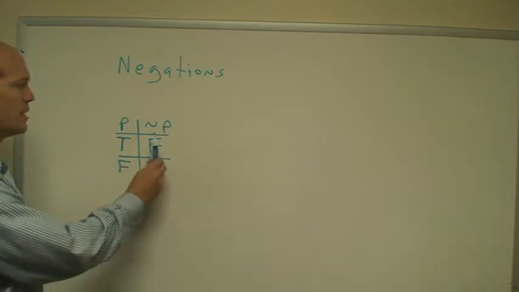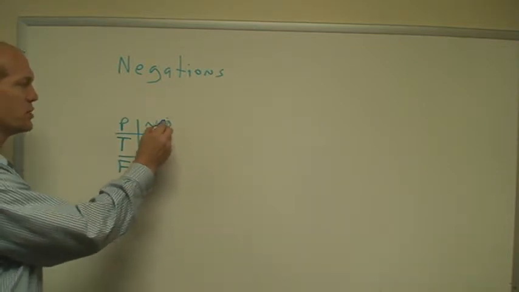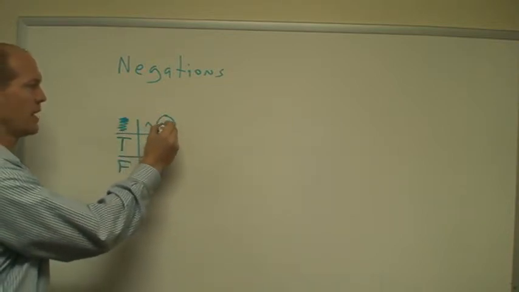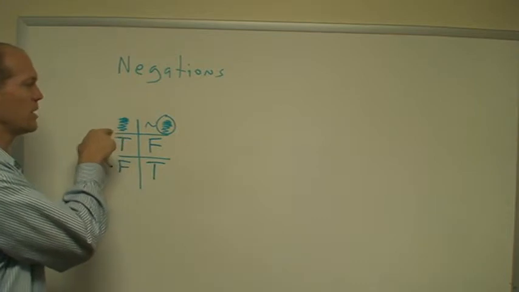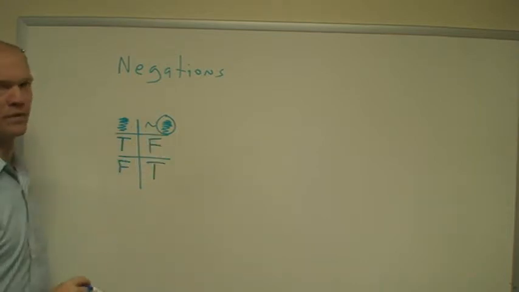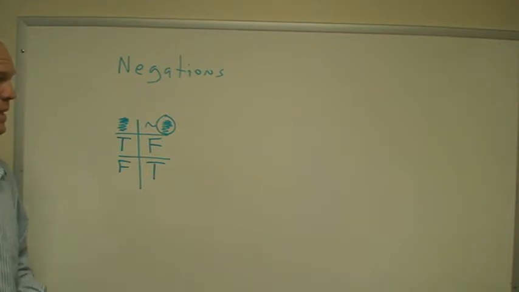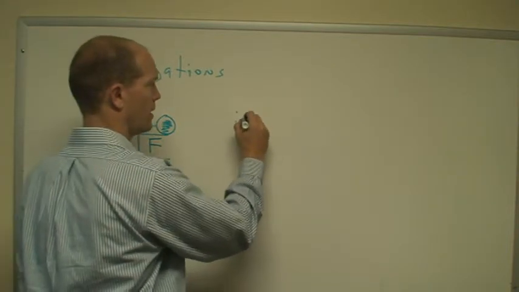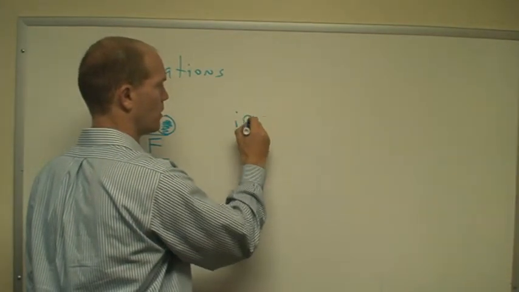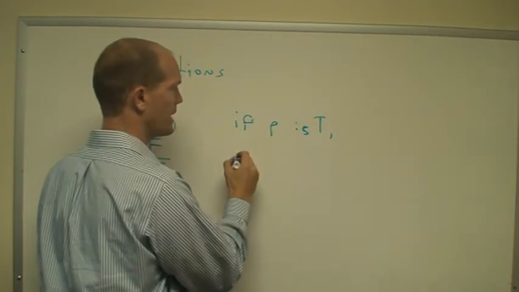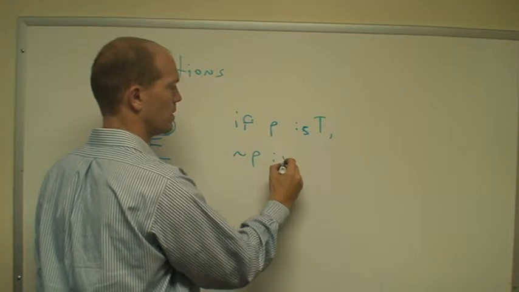Again, all I did was I negated whatever this statement here was representing. And I'll say it a slightly different way. Regardless of what this statement involves, the negation is going to give you the opposite truth value. Another way to look at this, and I'm going to write this down: if P is true, well, the negation of P is false.